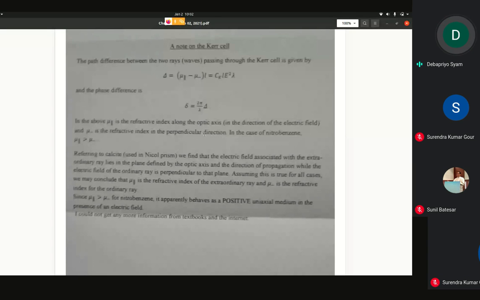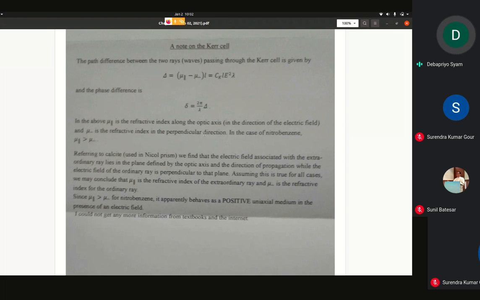Because the coefficient K is very small, you have to apply a large value of E, and the fact that E occurs in the second power as E square helps that. But nevertheless, because of the very small value of K, you have to apply a very large voltage across the two plates.